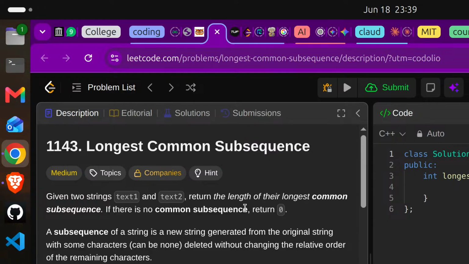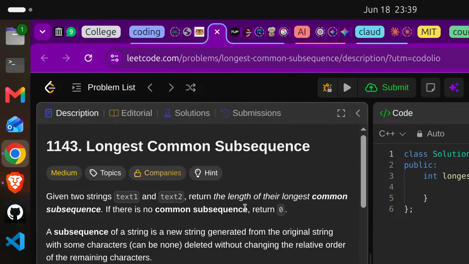So let's take this M and N. M is equal to s1 size, right? And then s2 size, right? And we are going to make a DP vector of n, 0.